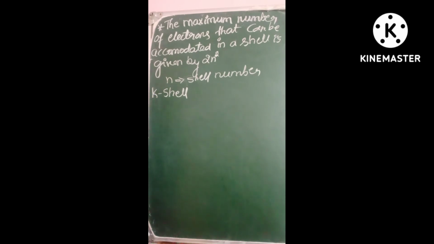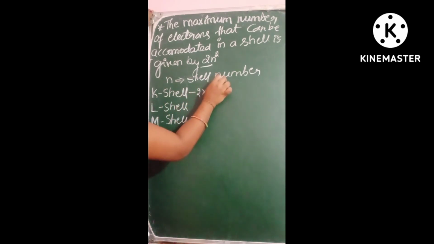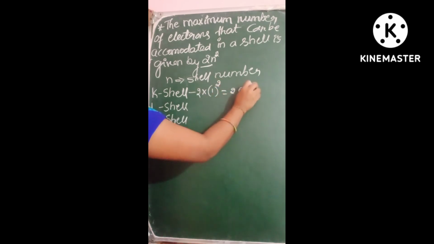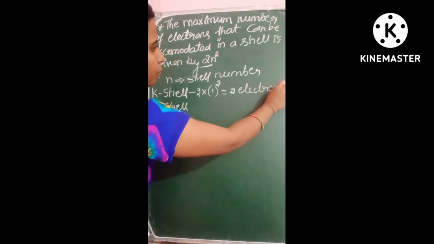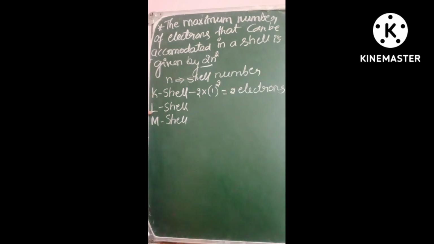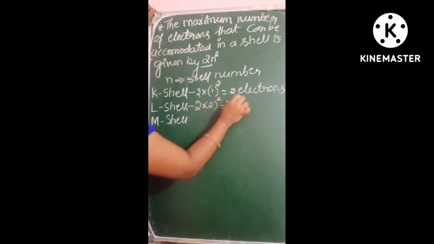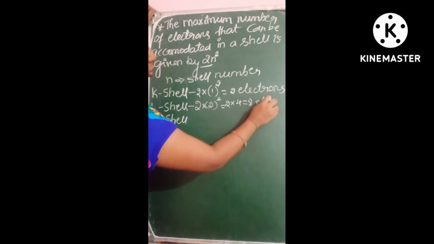We consider the K shell, then the L shell, then the M shell. Using this formula, we can calculate how many electrons can be accommodated in the K shell. That is 2 into 1 square, which is 2 electrons. In the L shell, the second shell, it is 2 into 2 square, which is 2 into 4, that is 8 electrons.